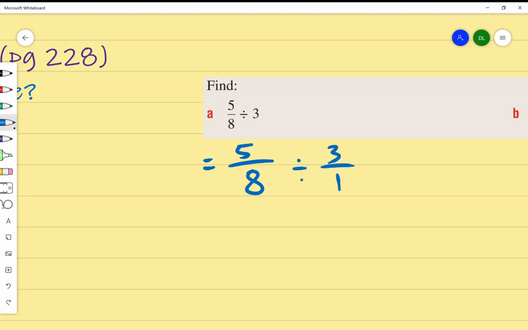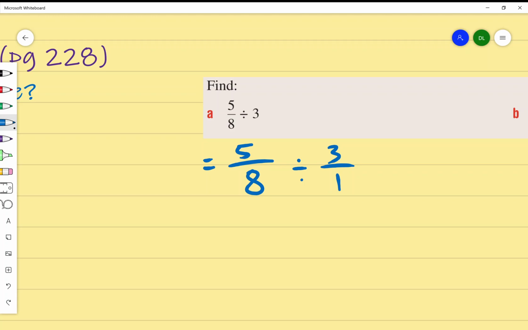Yes, Brody? Go for it. So, dividing by 3 over 1. Good. Do you guys remember earlier I was saying that dividing by 4 is the same as finding 1/4 of, right? So we flip the sign and we flip the fraction. Or in other words, we change the sign and we multiply by the reciprocal.